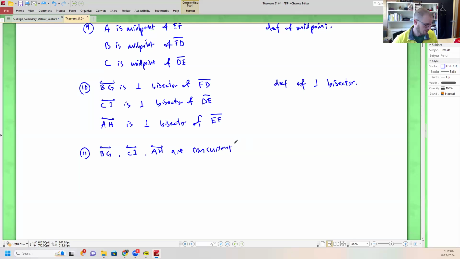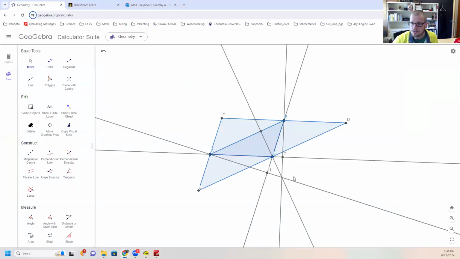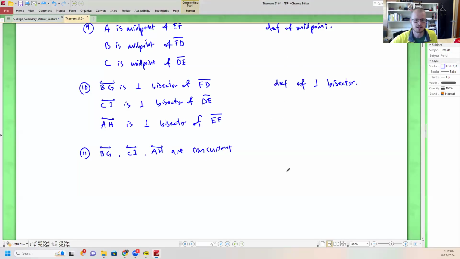Those are the altitudes that we drew, BG, AH, CI. Those are concurrent because of the concurrence of perpendicular bisectors. So the perpendicular bisector concurrence theorem. And we already have proven that, so we can use it.